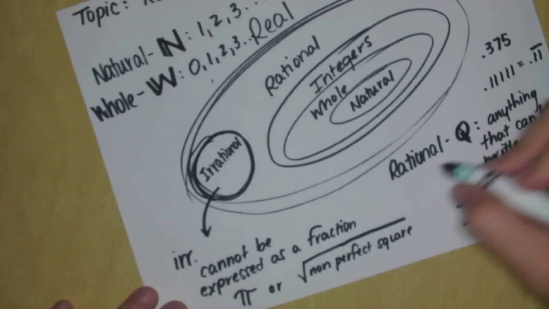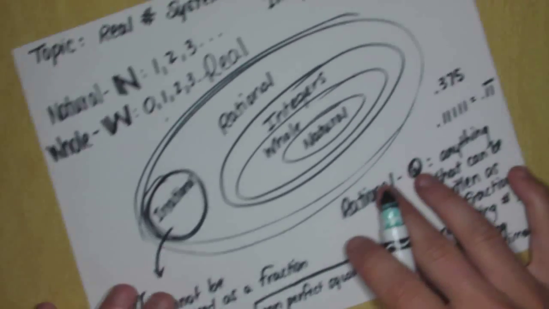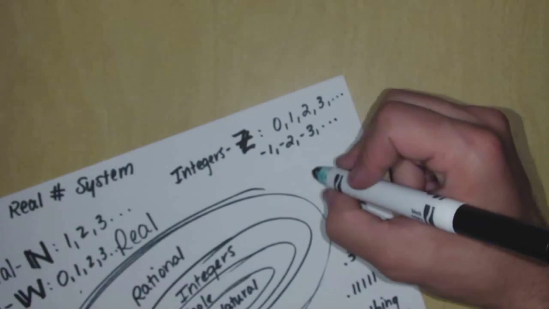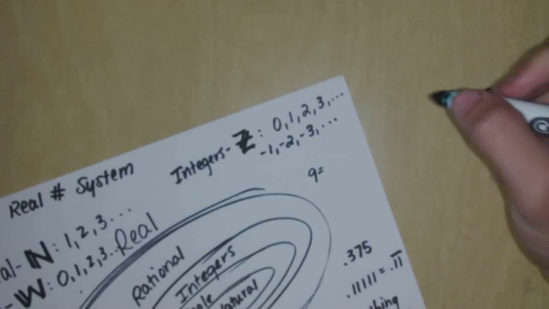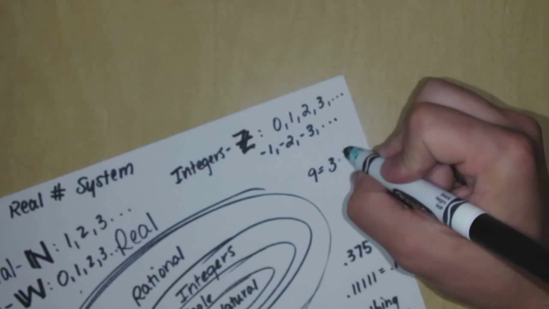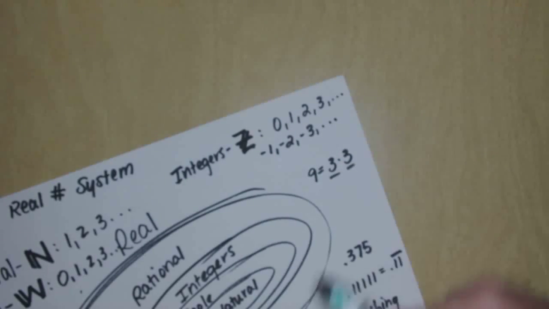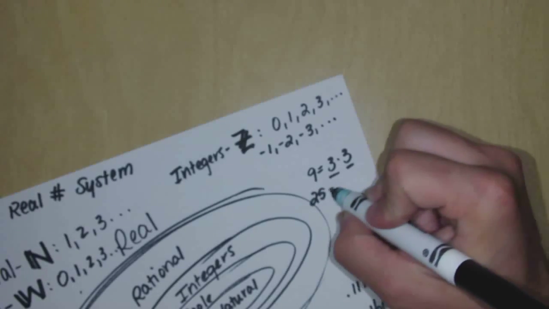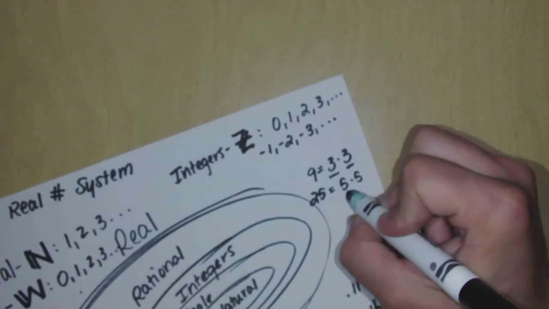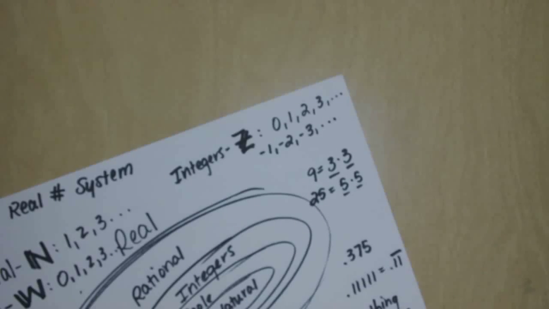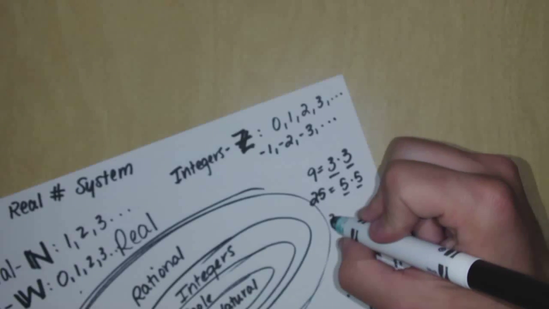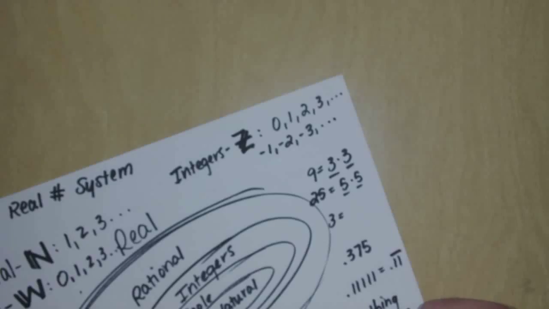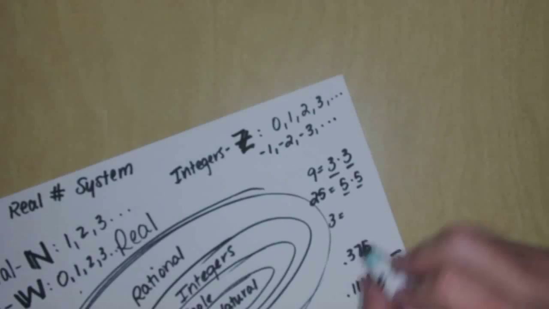Again, 9 is a perfect square, and I'm running out of room here, but 9 is a perfect square because 9 is 3 times 3. The same number could be multiplied by itself. 25, a perfect square, because 5 times 5, the same number multiplied by itself. There are no numbers that multiply by themselves to give you 3. So, 3 is not a perfect square.